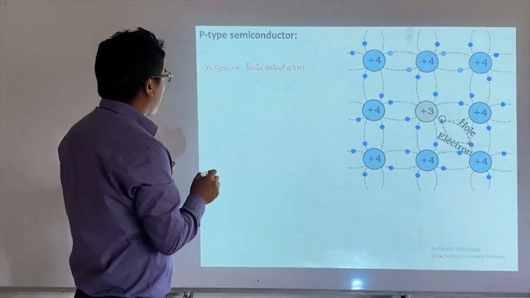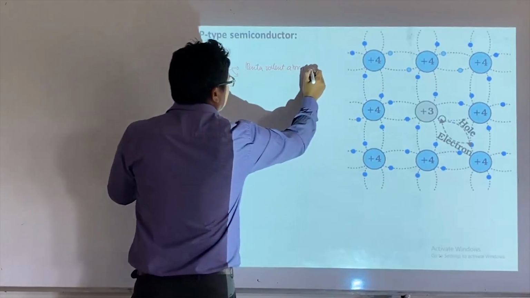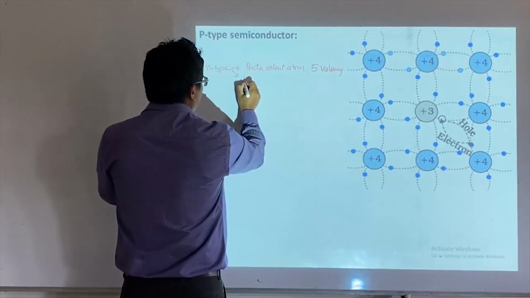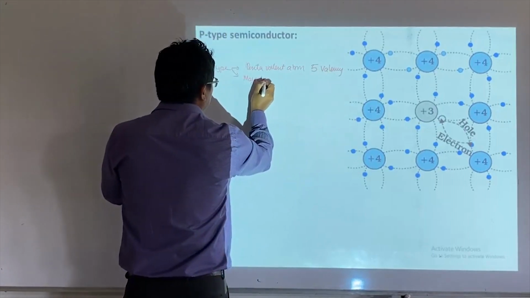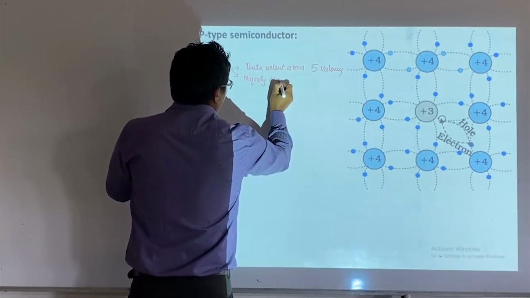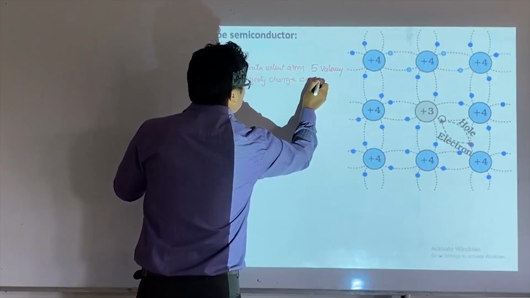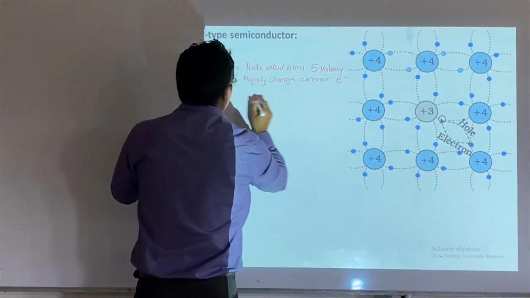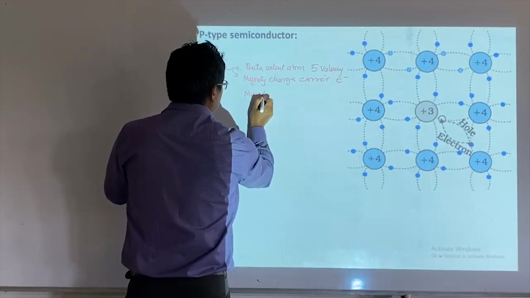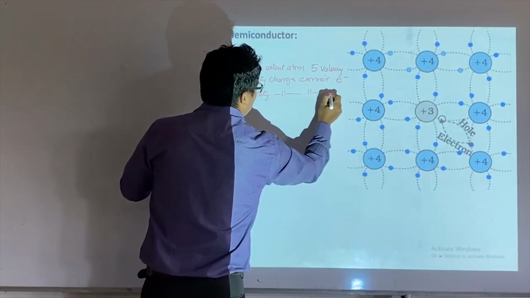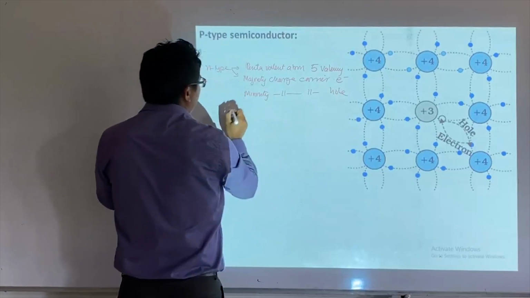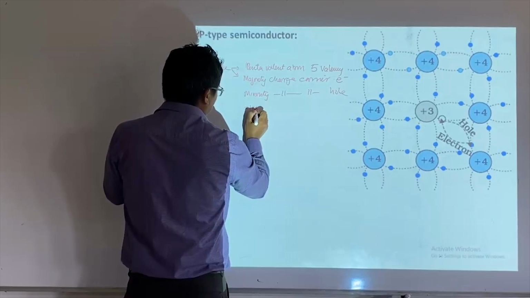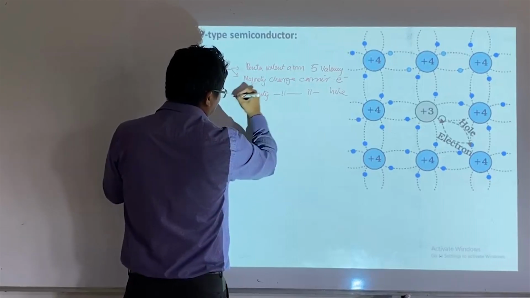The dopant is a pentavalent atom, with valency 5, and the majority charge carrier is electron, and the minority charge carrier is hole, and then it creates a positive donor ion, right?